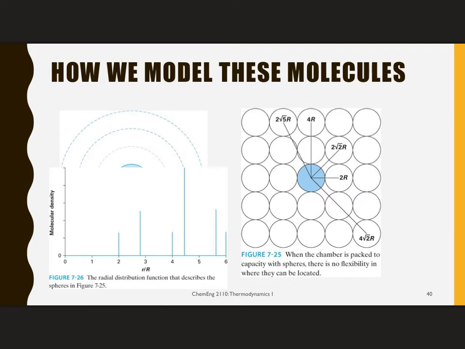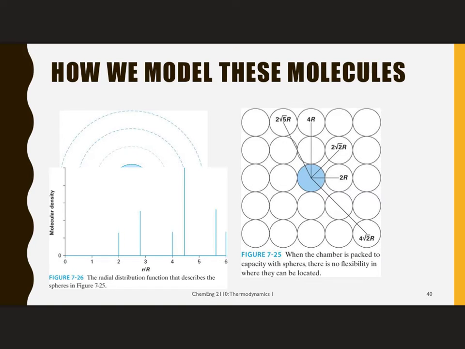This is closely packed. And this one, it's 1, 2, 3, 4 radial lengths distance between them. And so for any point, you can use geometry and you can estimate what the radial distance is in terms of radius of the molecule.